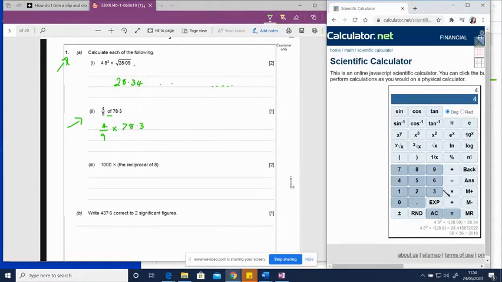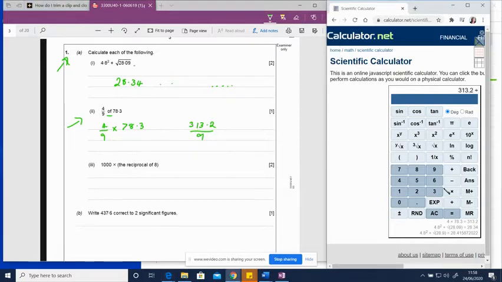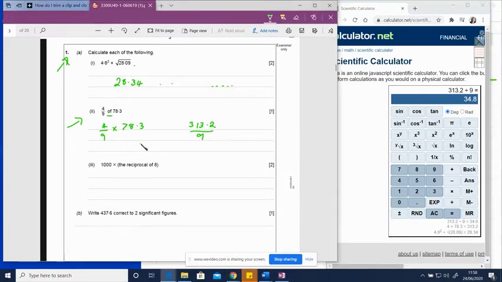So 4 times 78.3 is equal to 313.2 over 9. So then I'm going to just divide that by 9. Click equals, and it will give me the answer of 34.8. So that's the answer you should get.